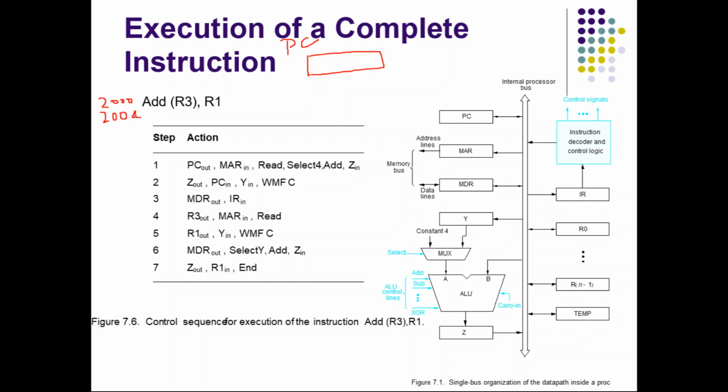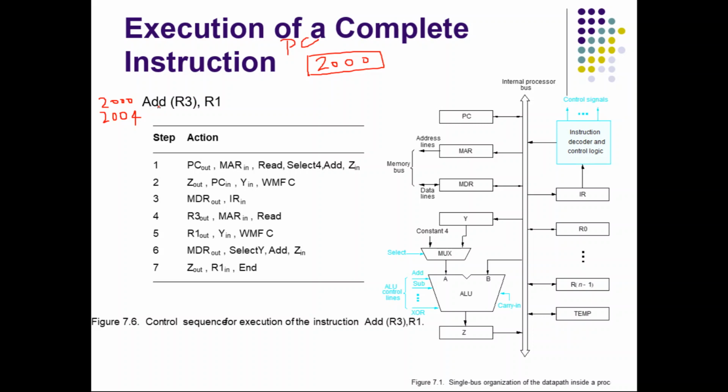Now this instruction is not yet executed, so currently PC will point to this instruction, 2000. During execution of this instruction itself, PC will increment. How that happens and how this instruction successfully executes, that's what we are going to discuss.